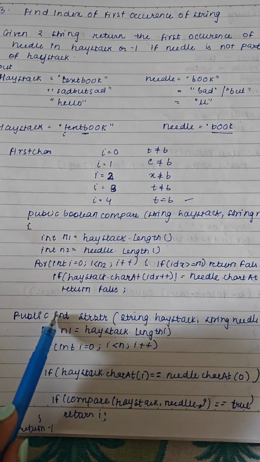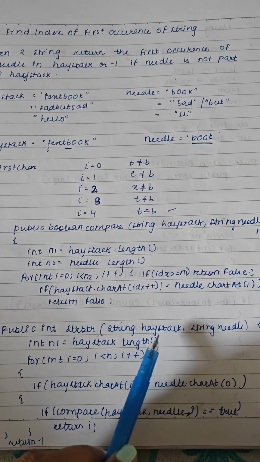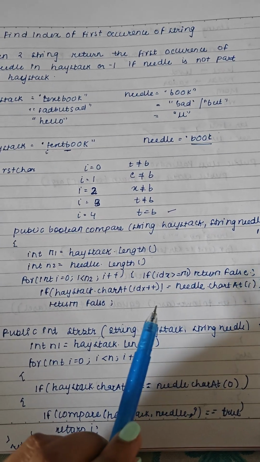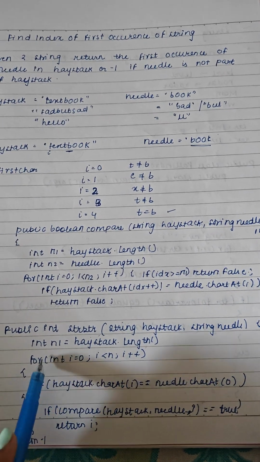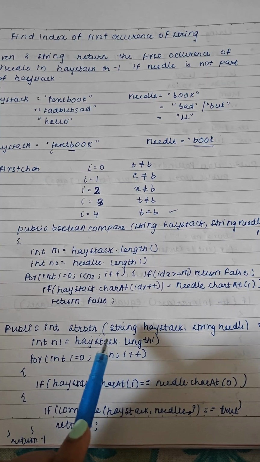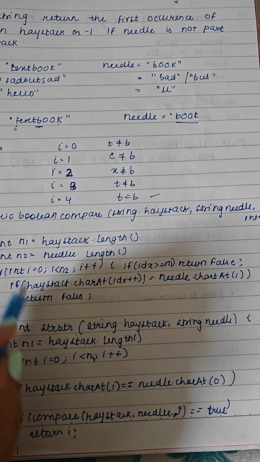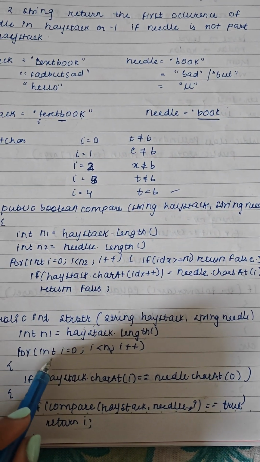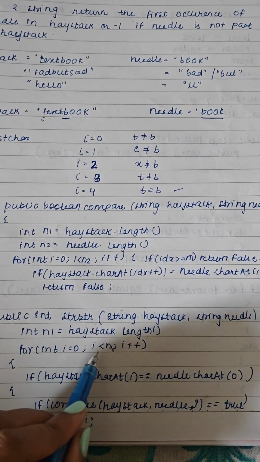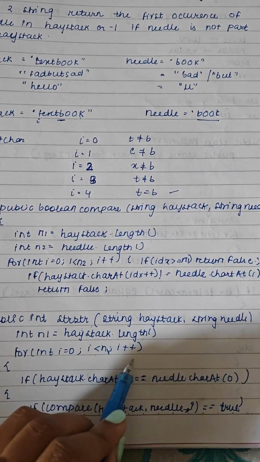So here is a function strStr which takes the parameters haystack and needle. It will have textbook and book. So n1 equal to haystack dot length. Here the n1 value is 8, for textbook length. So for int I equal to 0, I less than n1, I plus plus.